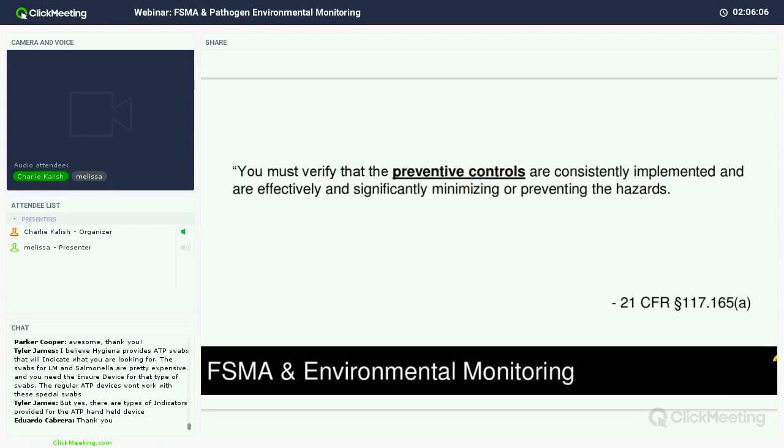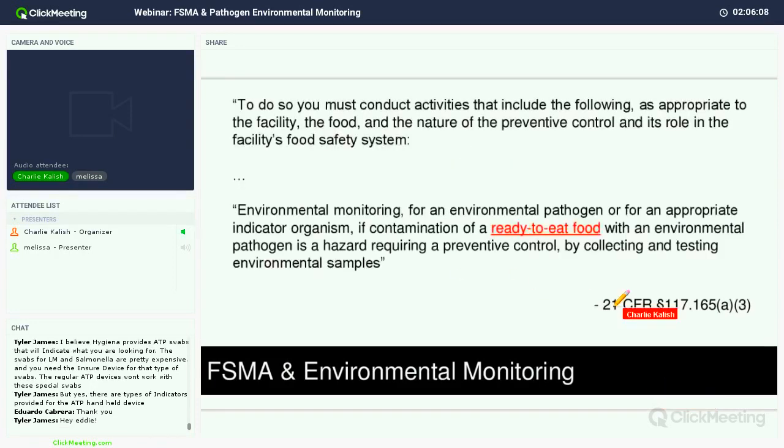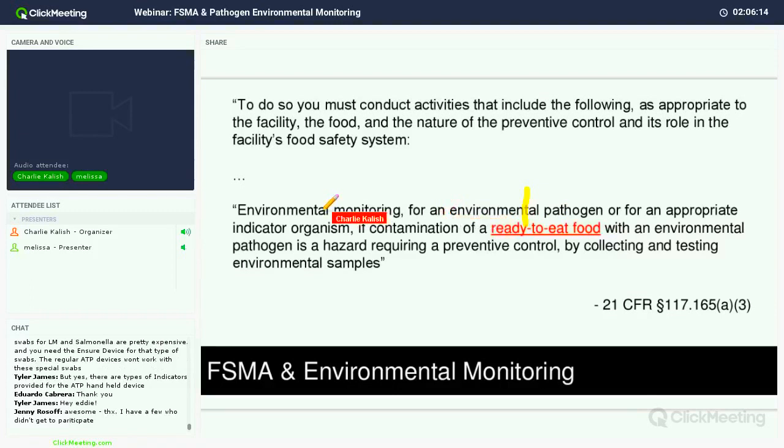We have to verify it, and if we have a ready-to-eat food, right here it says environmental monitoring for an environmental pathogen or an indicator organism, if appropriate. If contamination of a ready-to-eat food with an environmental pathogen is a hazard requiring preventive control, by collecting and testing environmental samples.